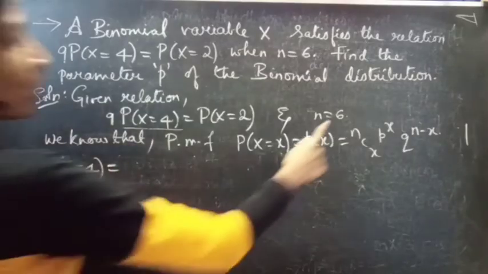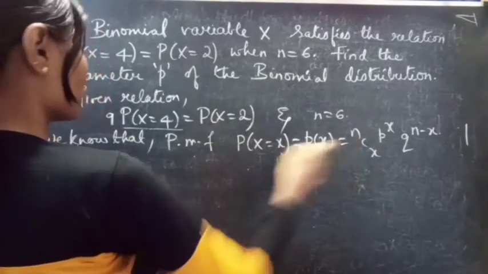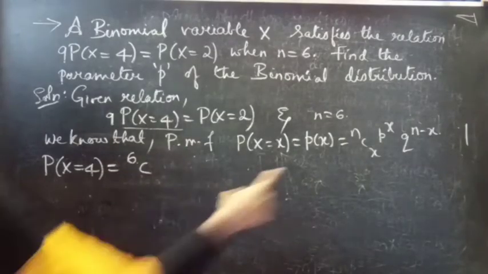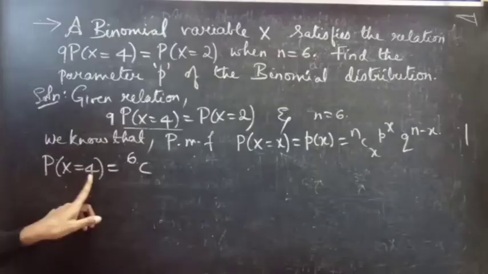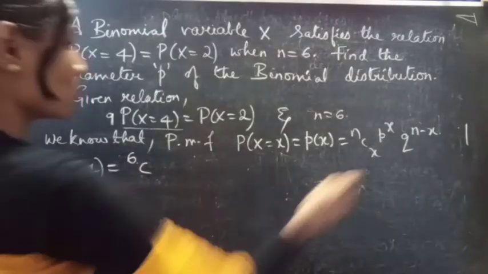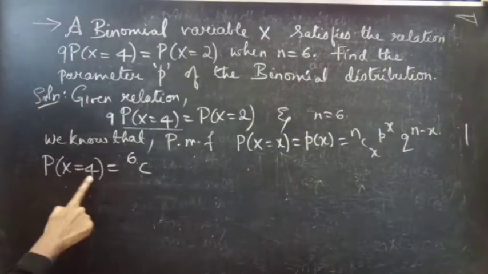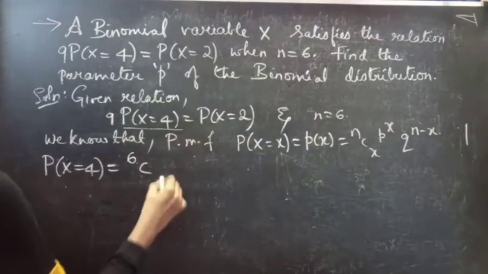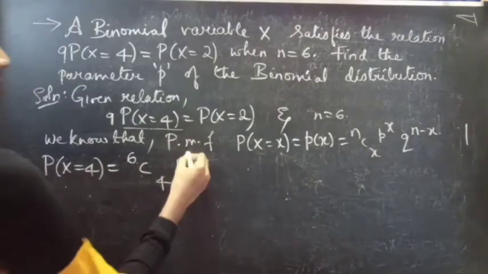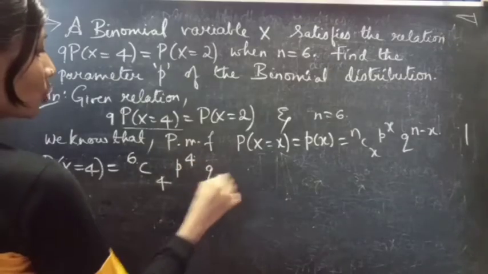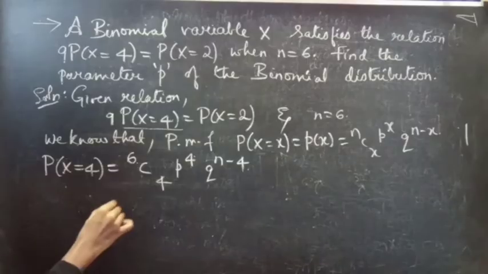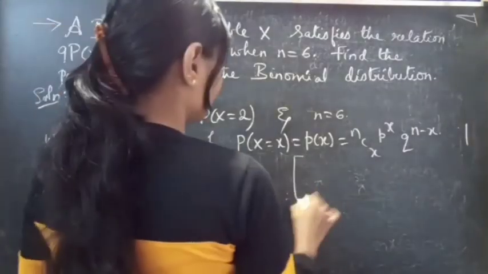Since we know the value of n equals 6, you can put n equals 6 and x equals 4 in this formula. So you'll get probability of capital X equals 4 is equal to nC4 p power 4 q power n minus 4.